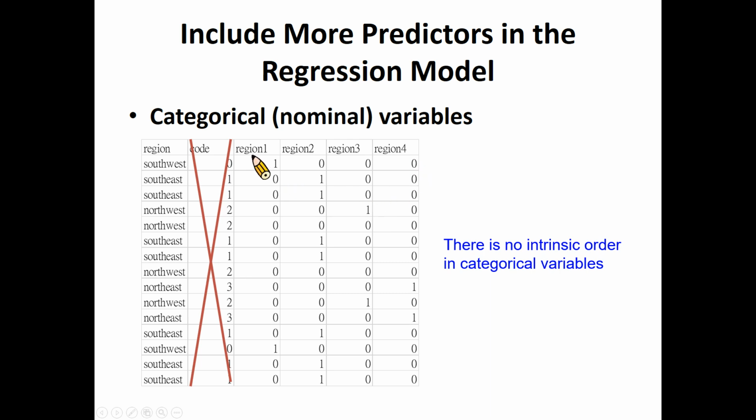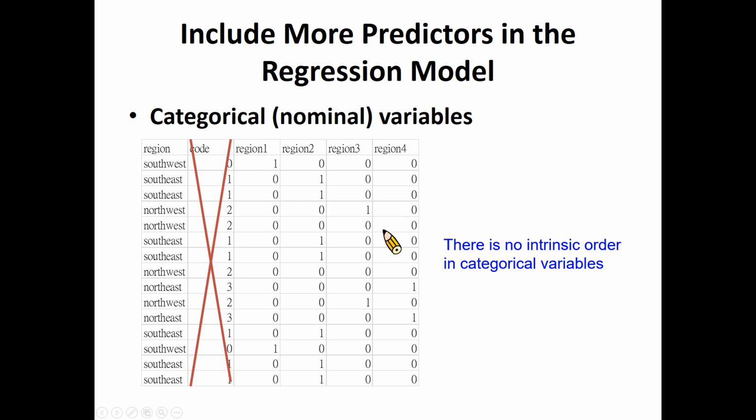Because when you give the first three region variables to the regression model, it will compare the southwest to the rest of the areas, the southeast to the rest, and the northwest to the rest. The remaining region is automatically compared in the regression model.